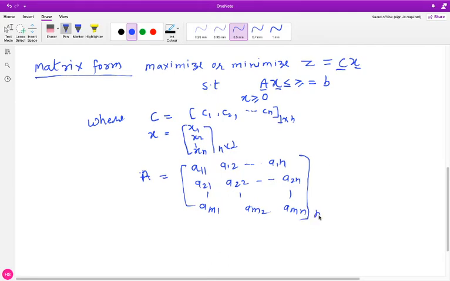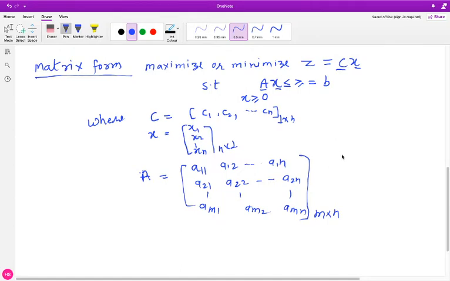The dimension of this is m by n, where m is the total number of constraints and n is the total number of decision variables. The decision variable is represented through this x.